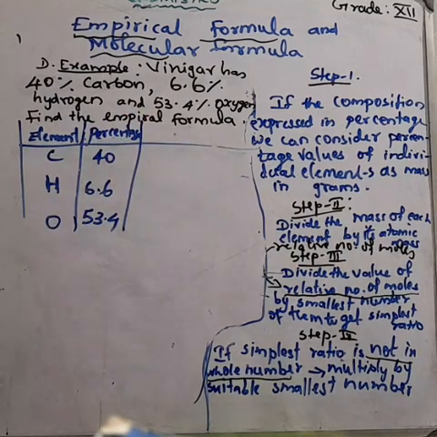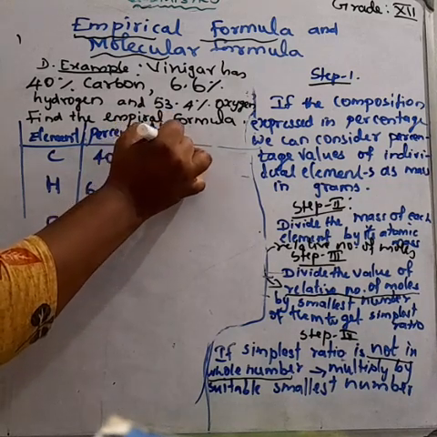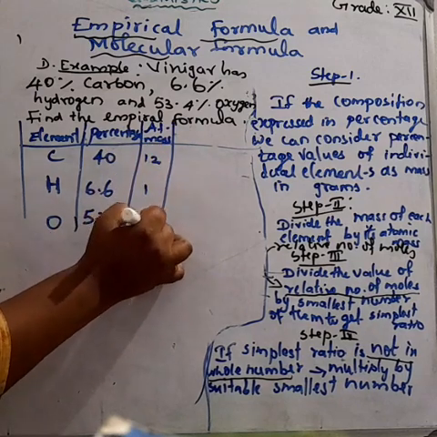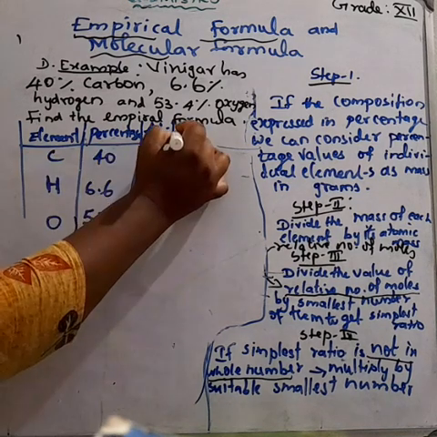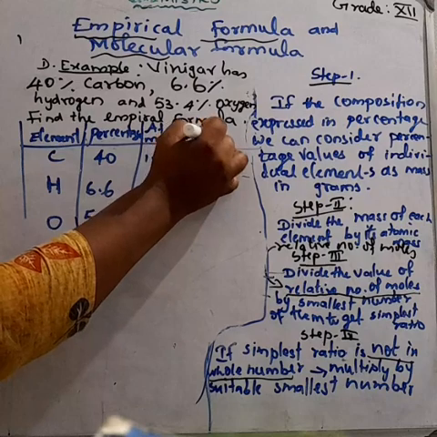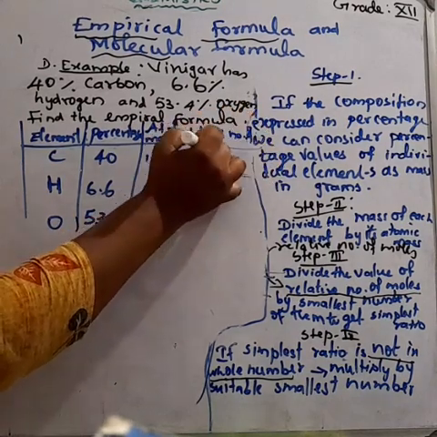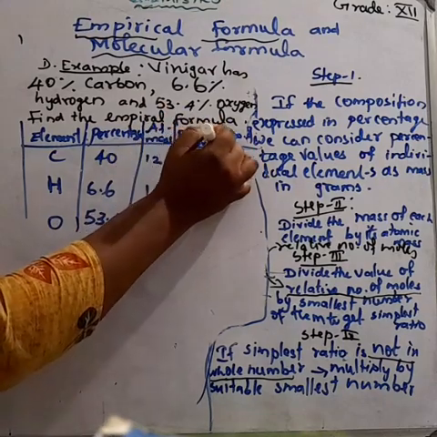Atomic mass, you know: atomic mass of carbon 12, hydrogen 1, oxygen 16. This is the atomic mass. And then we have to calculate the relative number of moles. So we should follow the second step here.